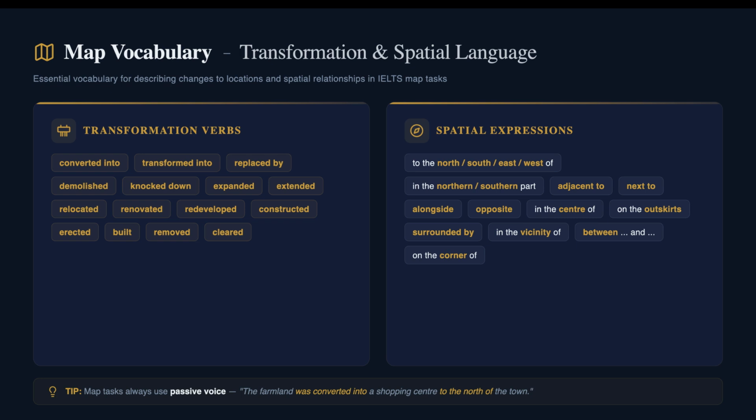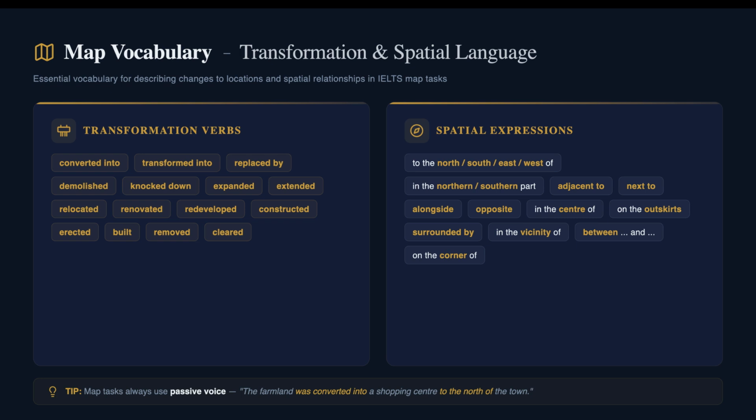And then we have these spatial expressions vocabulary. These are pretty simple. For example, to the north, to the south, to the east, and to the west of something, or in the northern or southern part of something, adjacent to, next to, alongside, opposite, in the center of, on the outskirts, surrounded by, in the vicinity of, between, and on the corner of.